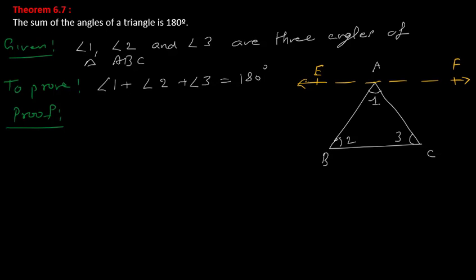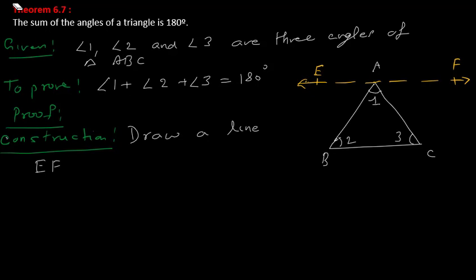So my construction is, here in proof I will say construction. You can do suitable construction for your proof. So what we have done, we have drawn a line EF parallel to BC.